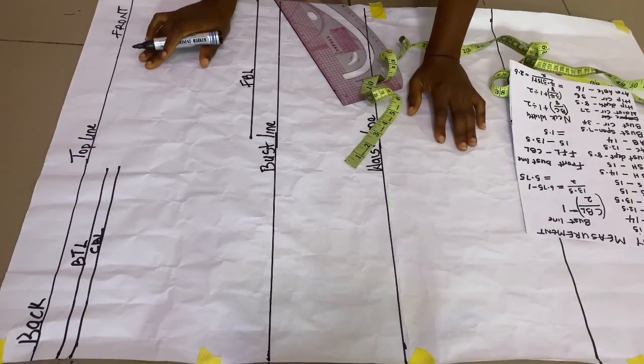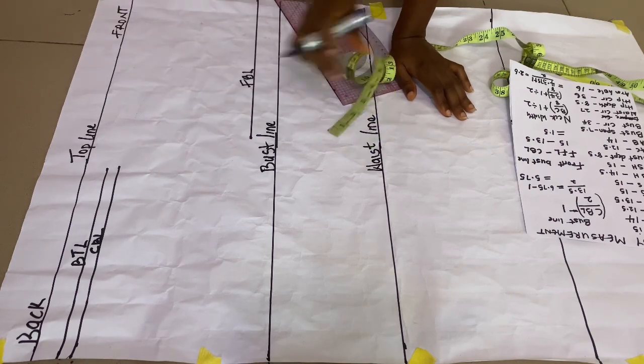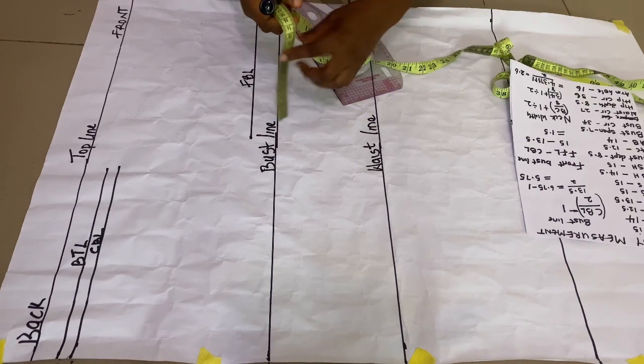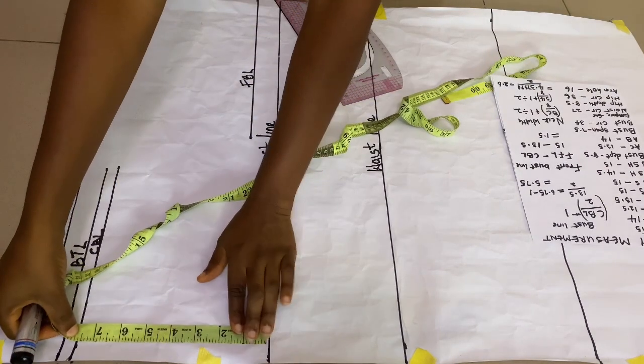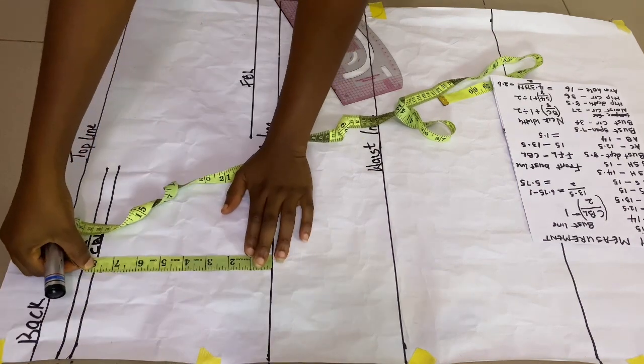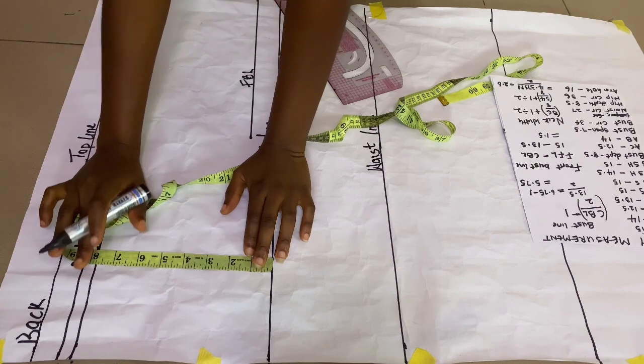So the next thing is to get the across back. To get the across back, you measure the distance from this bust line to the center back line. For this one, I'm having 7.75.